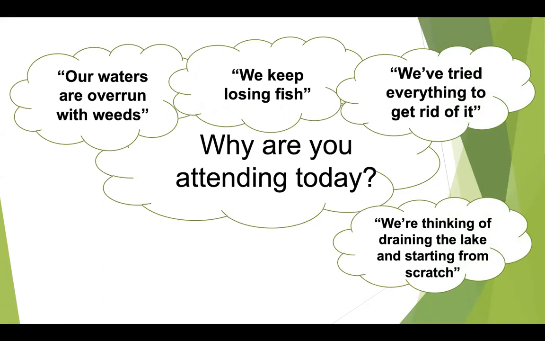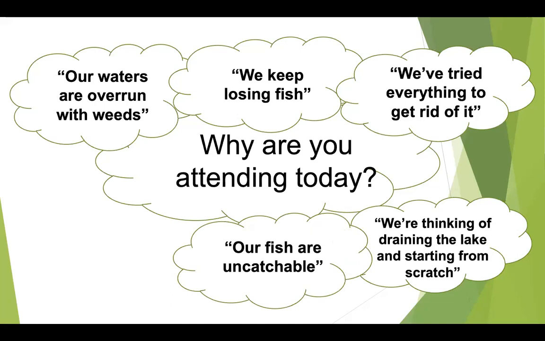We know with some of the problems we've seen, it certainly is in people's minds what can we do to get rid of it, particularly where we're talking about some of the more invasive plants out there. And certainly our anglers or our members are telling us our fish are uncatchable. There's too much plant life.